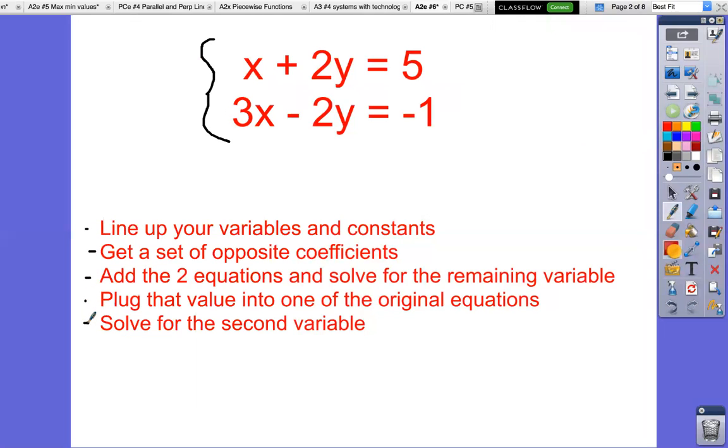You've got basically 5 steps. You will rarely have to do the first one: line up your variables and your constants, and then solve. So I want you guys to do this with me. We've got about 5 or 6 problems to do together. You have homework tonight.